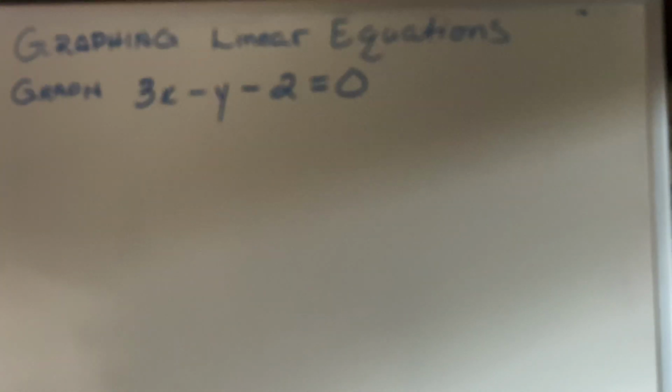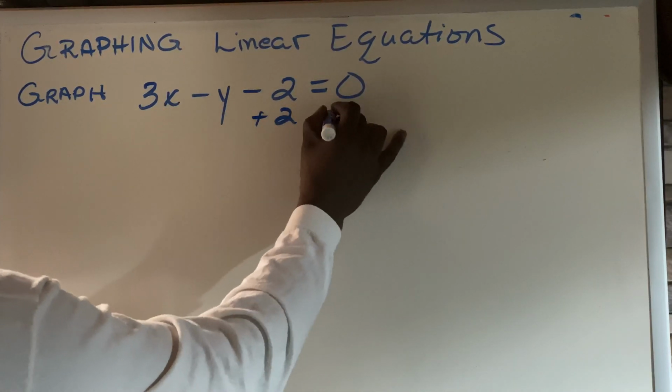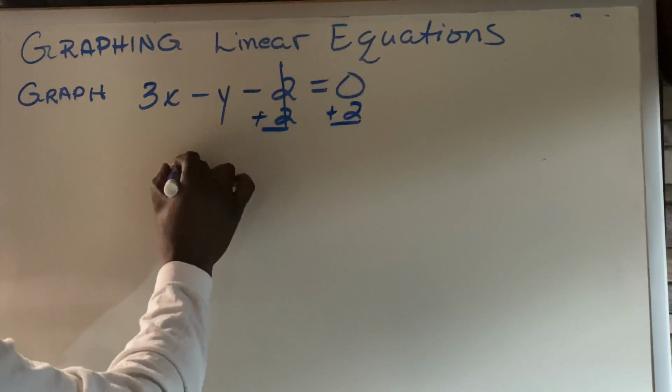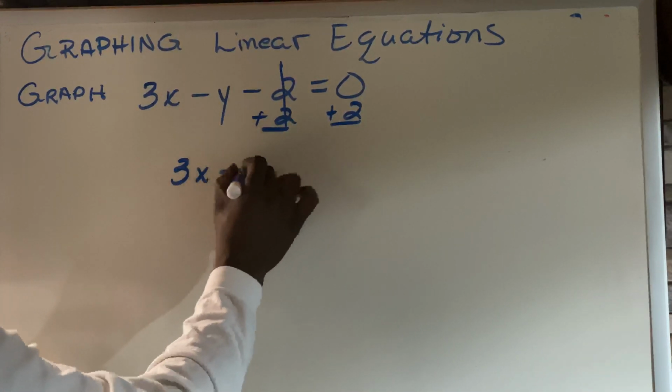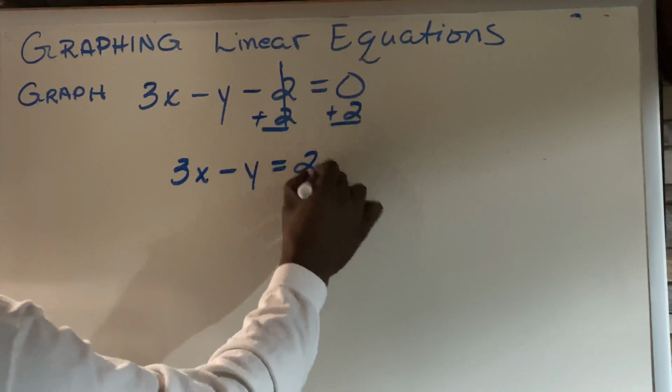Now the key thing is to get the equations in standard form. This one is basically in standard form, but we do have two like terms to simplify it. We'll add 2, which gives us 3x minus y equals 2.